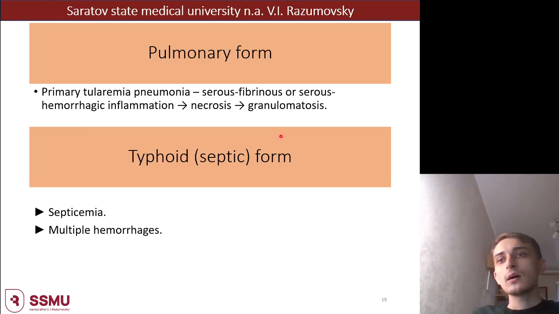We can see hematogenous dissemination of the process. We may see changes in blood flow and formation of hemorrhages, and it's typical for the septic form of tularemia. It's a really life-threatening condition because it leads to development of necrotic and dystrophic areas in all internal organs. We can see insufficiency of all internal organs and it leads to death of the patient.